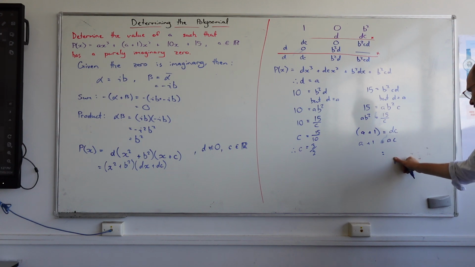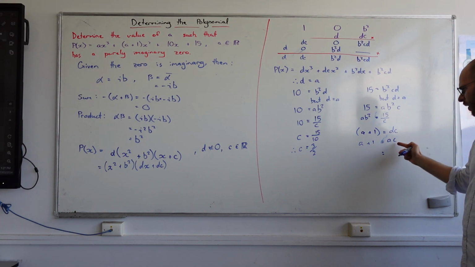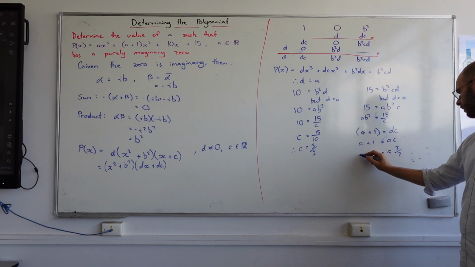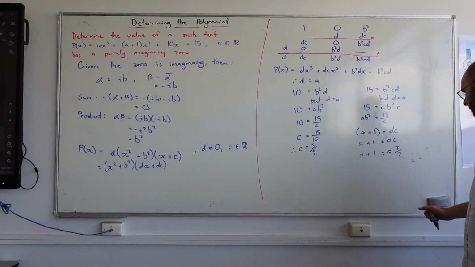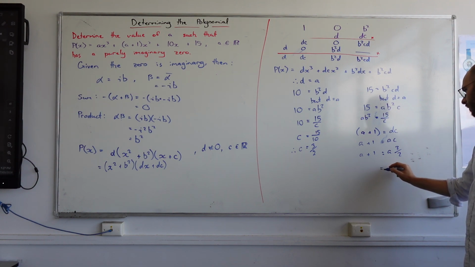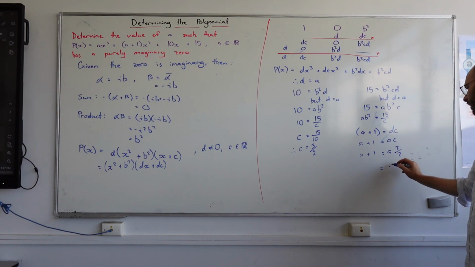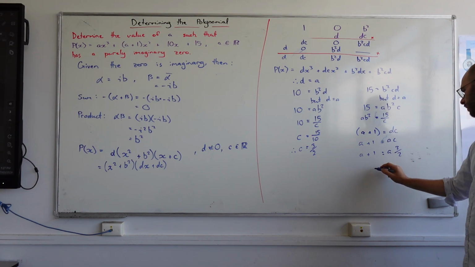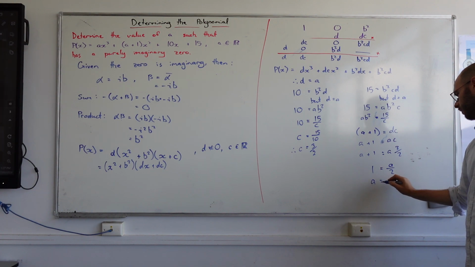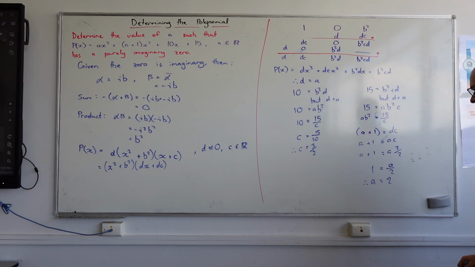In this instance, we know that c is 3 over 2. Not sure if I'm happy with that choice, but anyway. If we take a from both sides, we're going to get a half a equals 1, so a equals 2. So far so good.